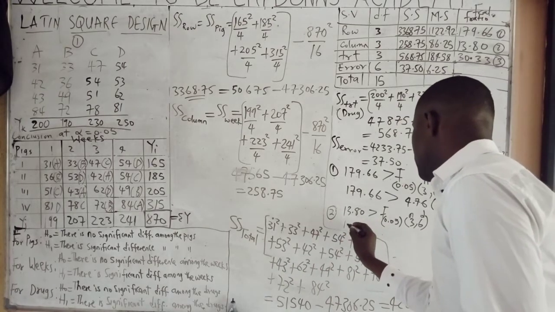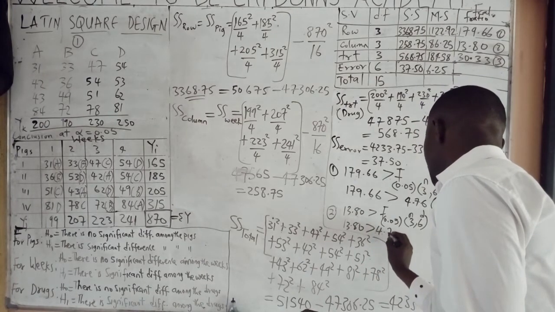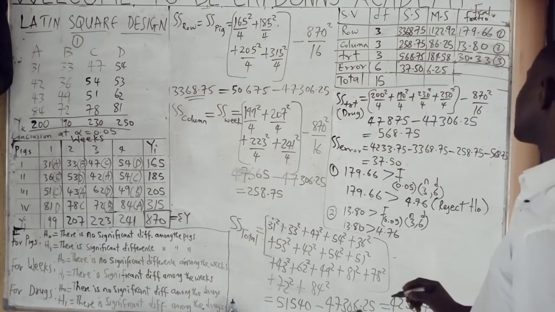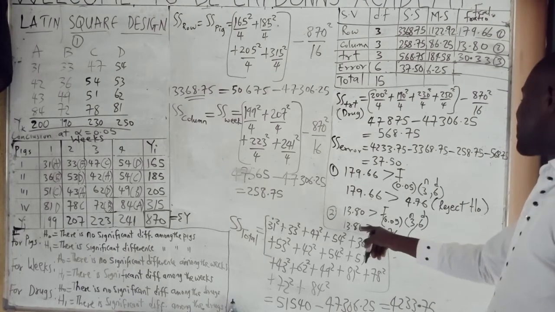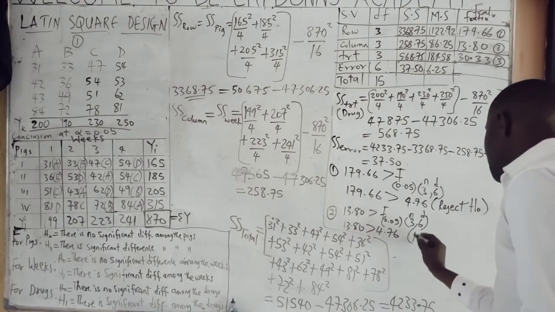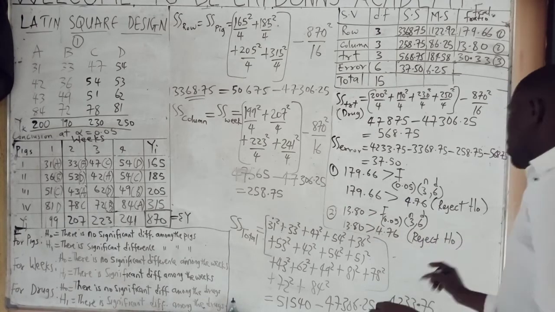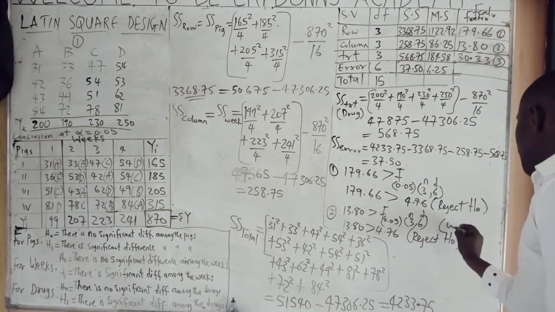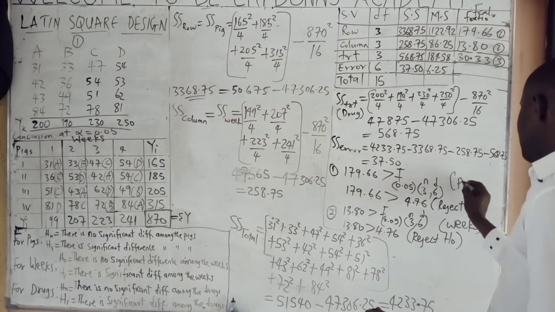You say 13.80, are you greater than 4.76? You say yes, it is greater than 4.76. Once this is greater than 4.76, reject null hypothesis. You know that this is for the one of weeks, while the other is for the one of peaks.